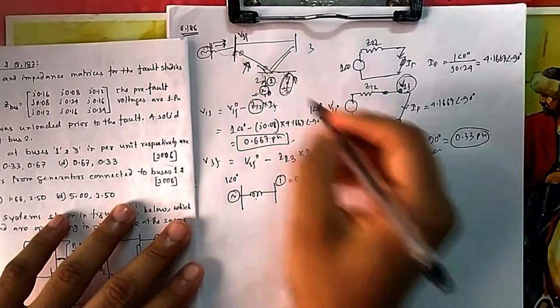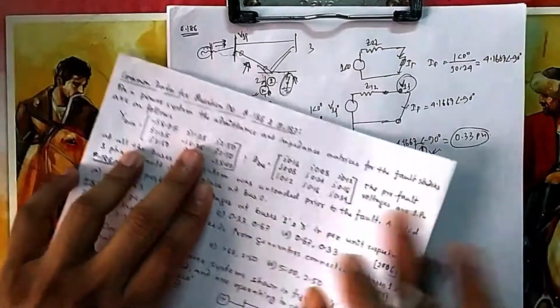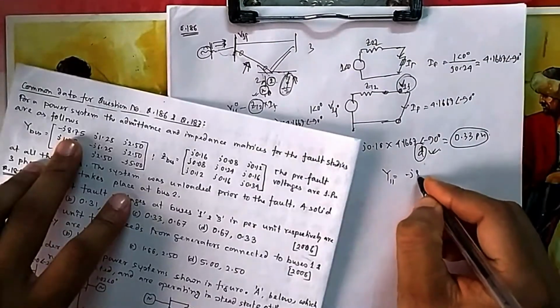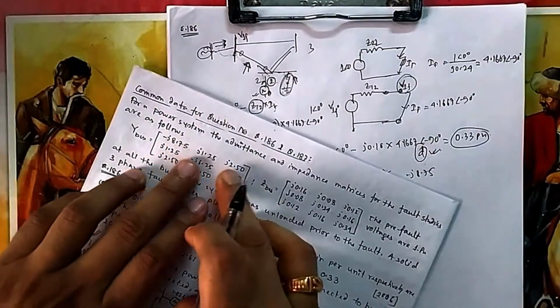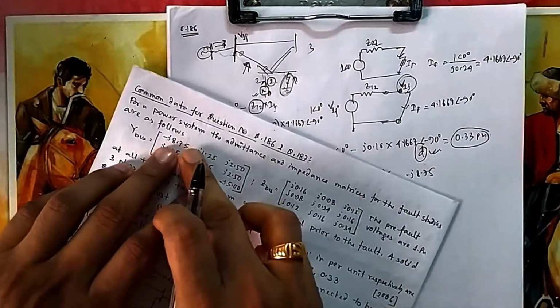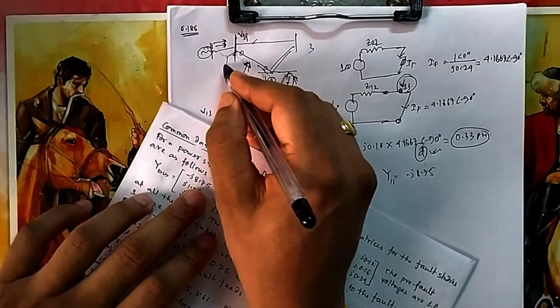For that we can come to the Y matrix and see what Y11 is. Y11 is minus J 8.75. What is the shunt admittance connected here? This plus this minus this, because all of these are connected. What comes in this diagonal is this and this, and the shunt connected to this.